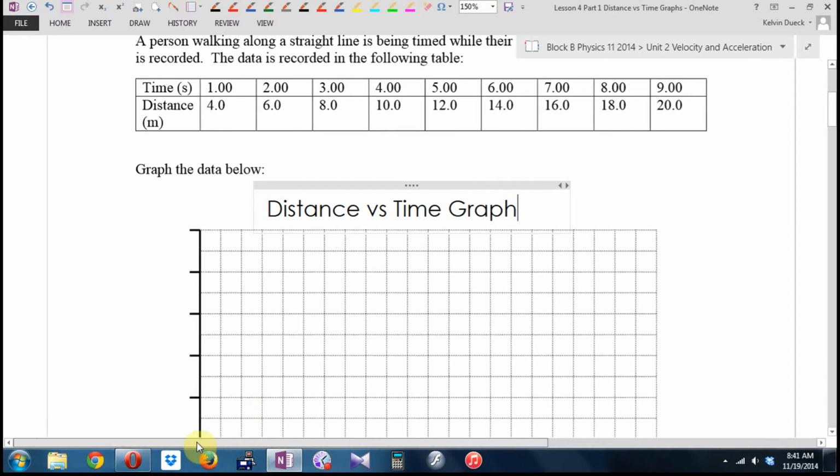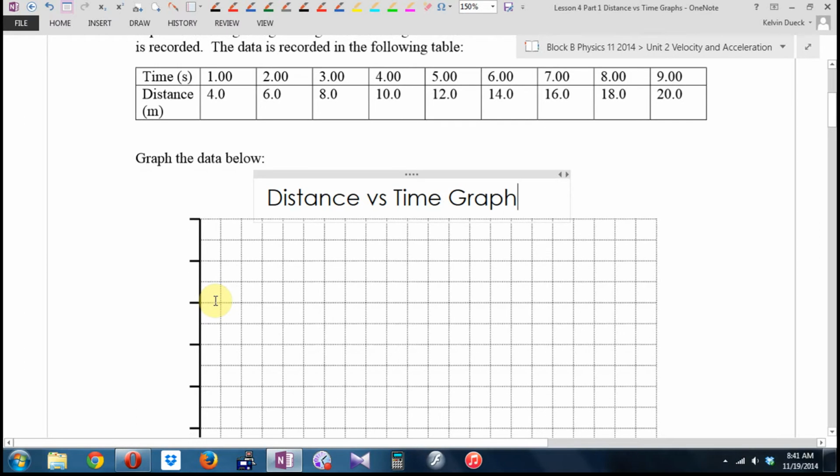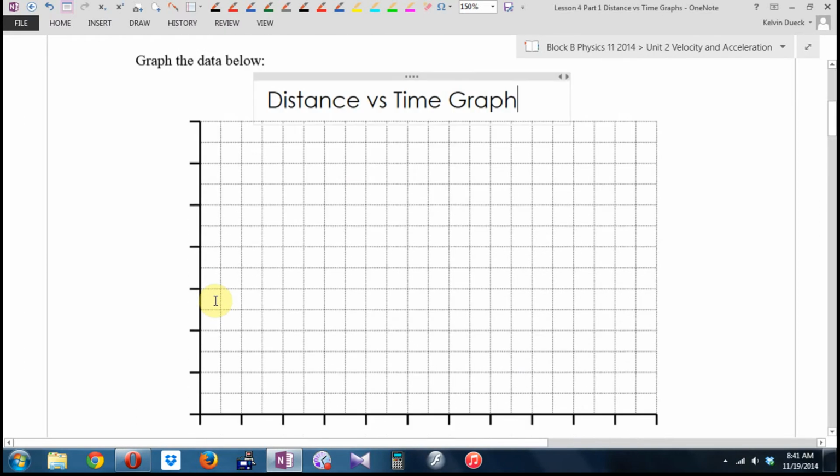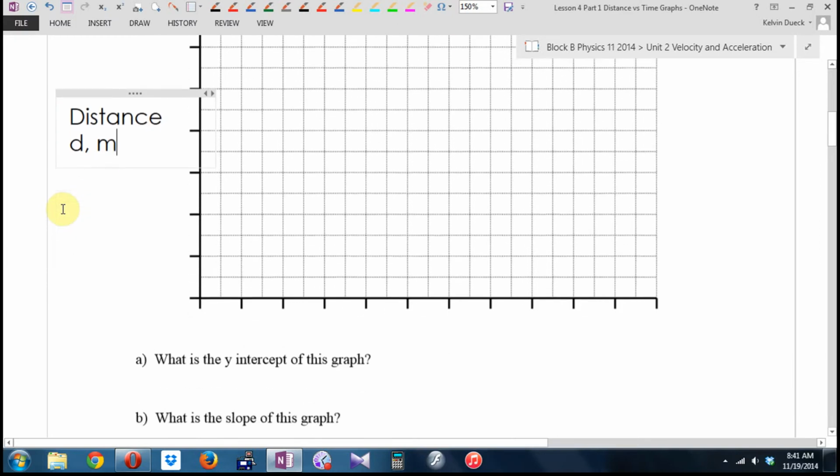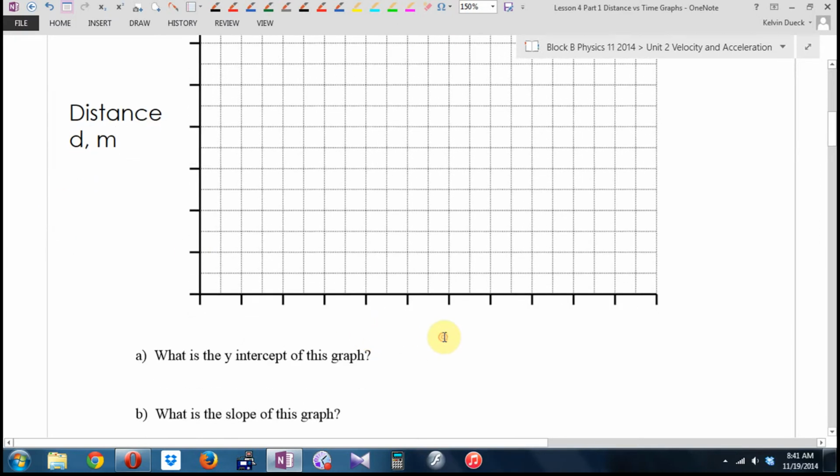What else does every science graph have to have? Before we even start plotting stuff. Scale, we're going to do that next, but even before I do that. Okay, label the axes. So I'm going to have distance, d in meters, and, get a little higher, I think I can.